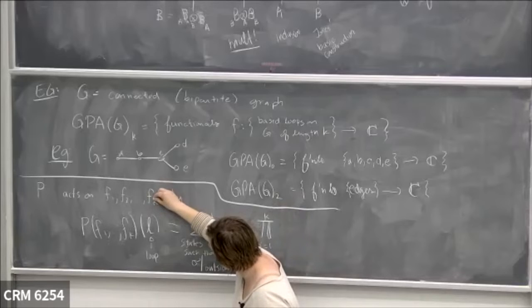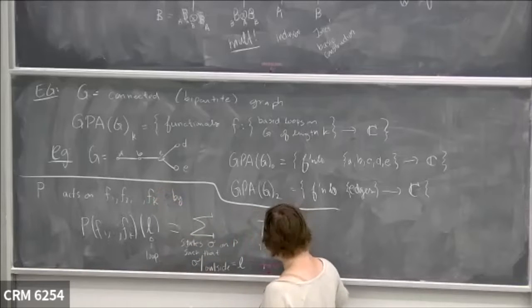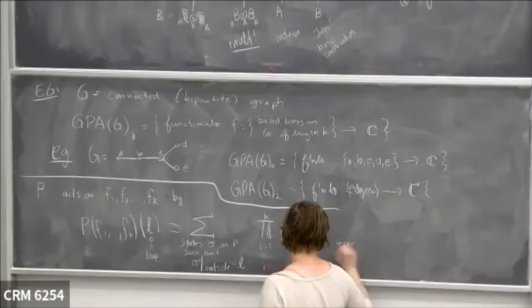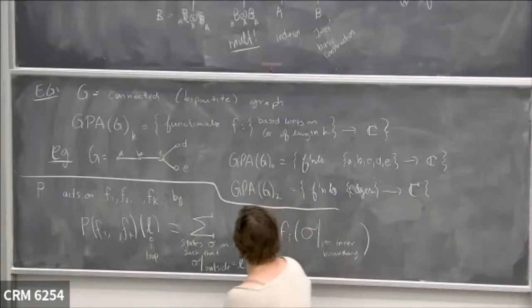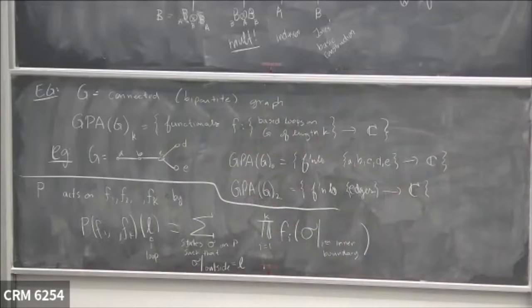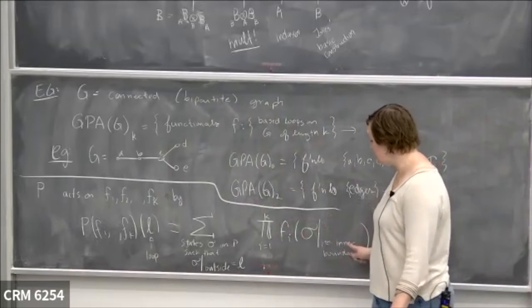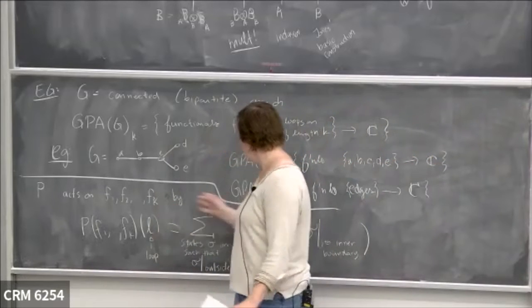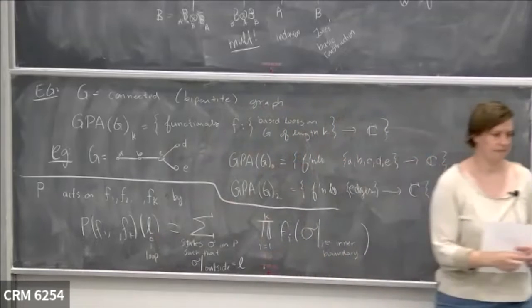Say this goes from F1 through Fk, so there are k of these, of Fi acting on what I get when I read the state sigma off on the ith inner boundary circle. These states sigma produce loops if you read around any of these boundary circles, and so I evaluate my functionals on the loops we get. And if it produces this loop, then it makes a contribution.